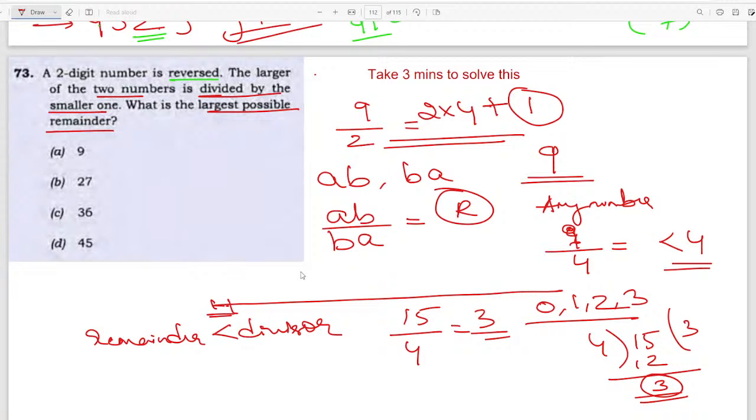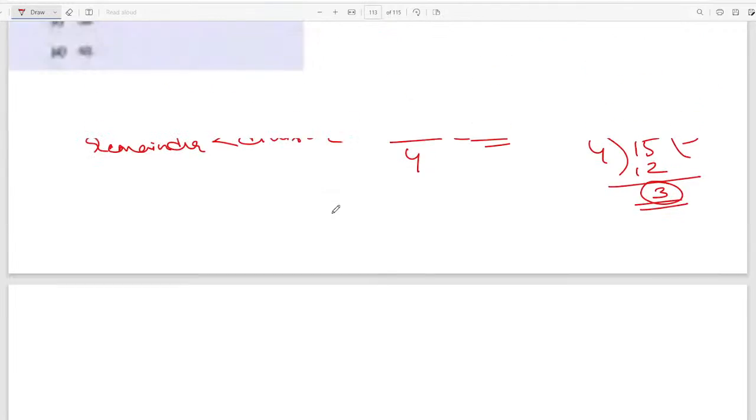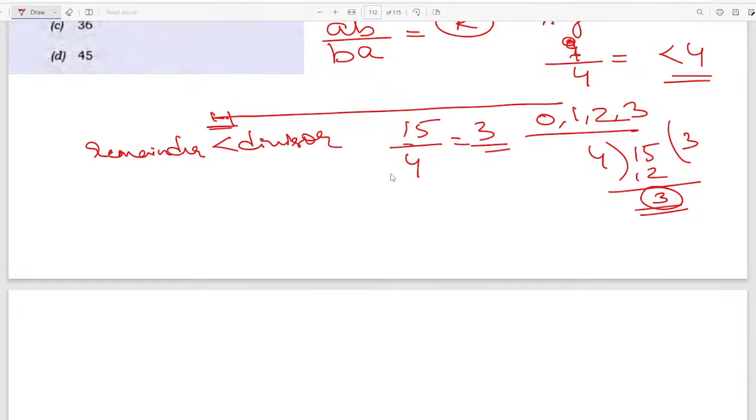So in this case, to find the largest possible remainder, we want this number to be one of the large numbers. If I represent the number on the number line and make the divisor very small, the remainder will also be very small.